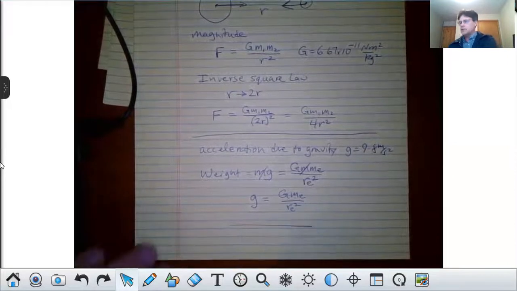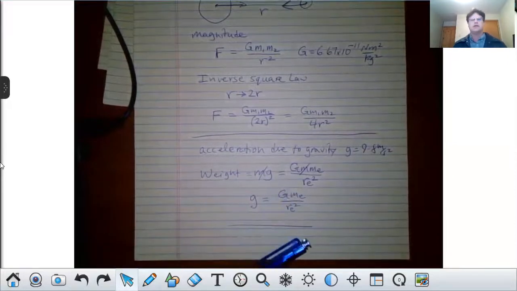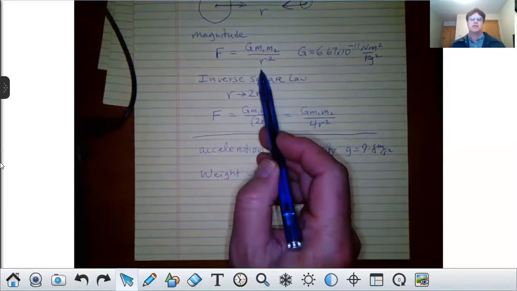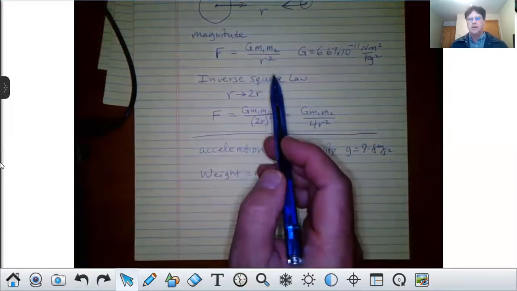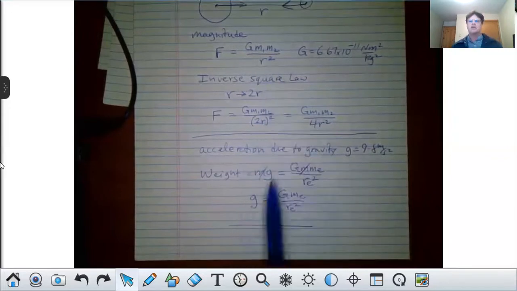So for right now, that's what I wanted to talk about in this lecture about Newton's law of universal gravitation. One thing that you could do with this is talk about the energy, right? Anytime you have a force that we can write an expression for like this, we should be able to define a potential energy. I'm not really going to ask a lot of questions about that in the reading quiz or the homework.